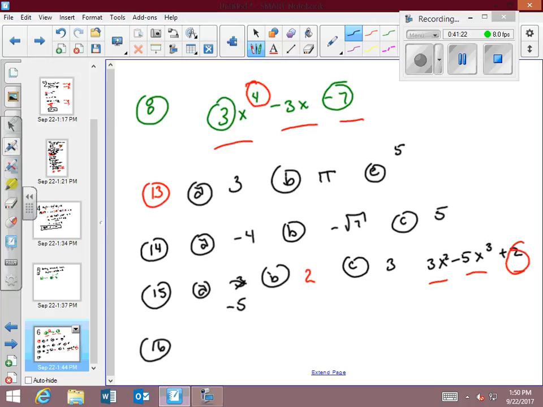Negative x. Negative x to the what power? Sixth. Okay, so what is the numerical coefficient of that term? That's the exponent. A negative 1. Do you see that it's a negative 1? You got everything good.